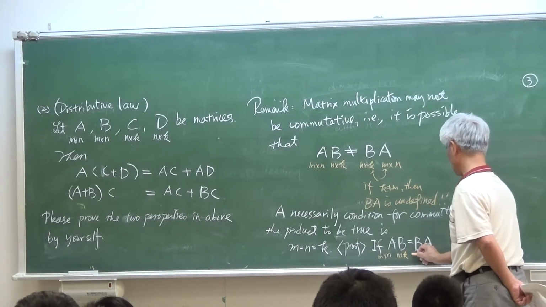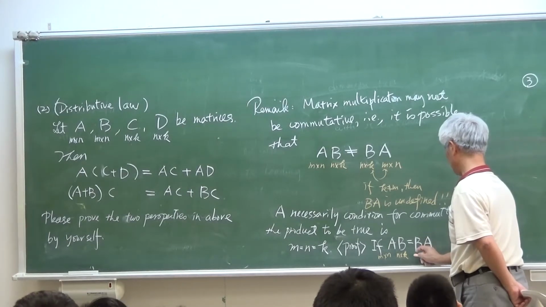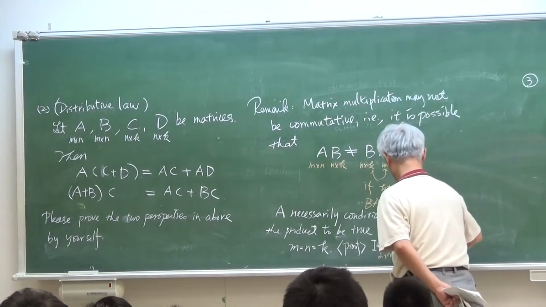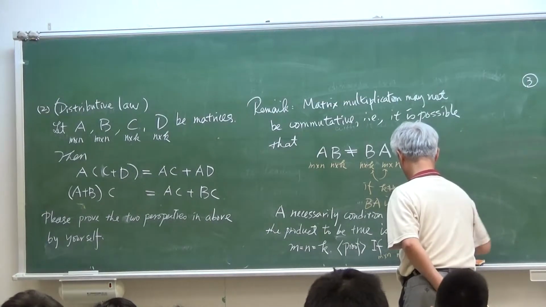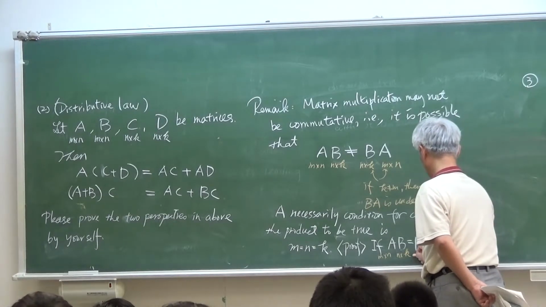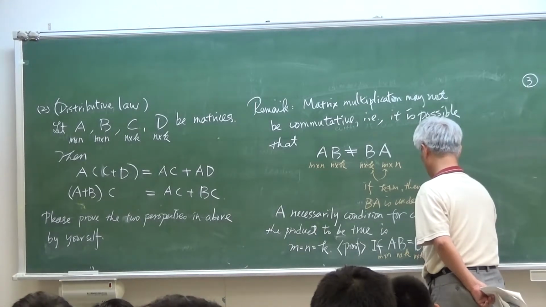But in this case, we must have n times n from here. And so this is n times k and m times n.